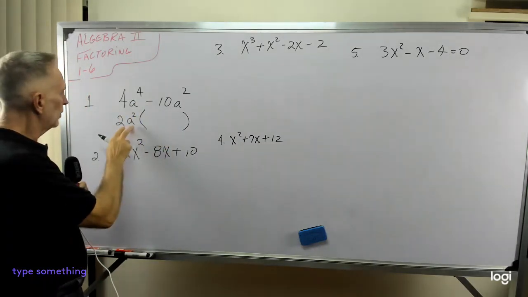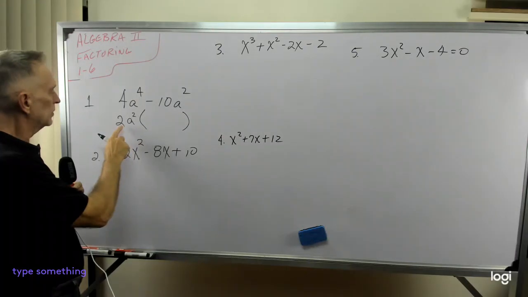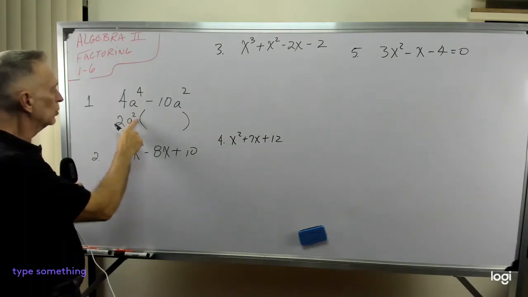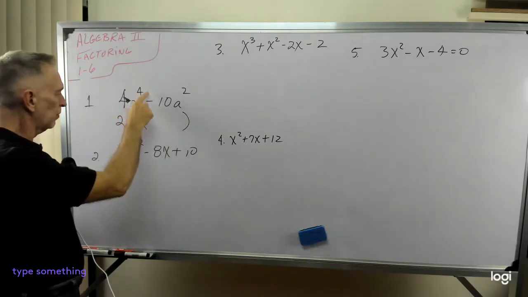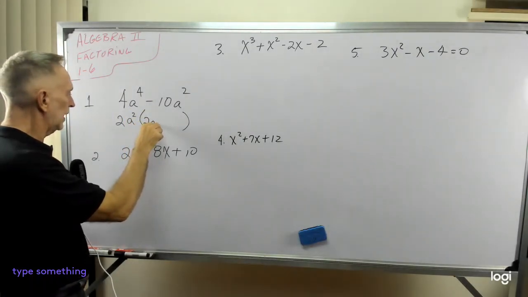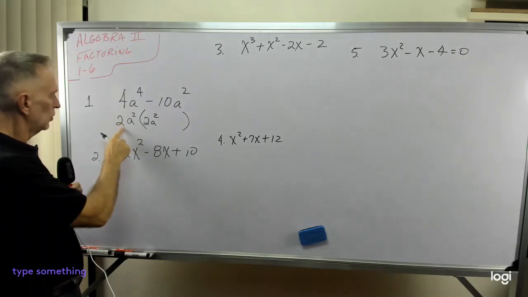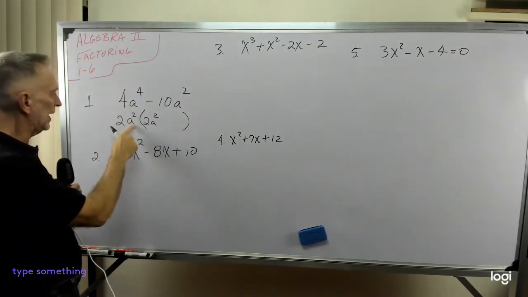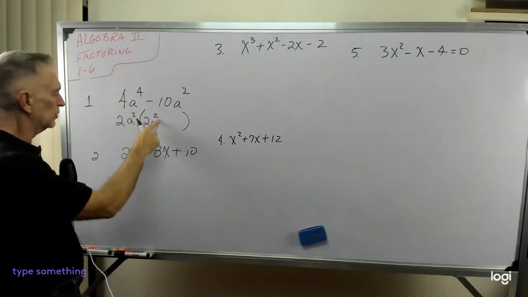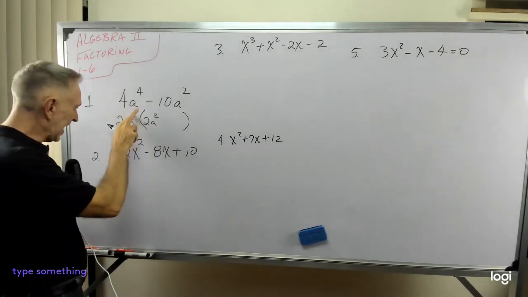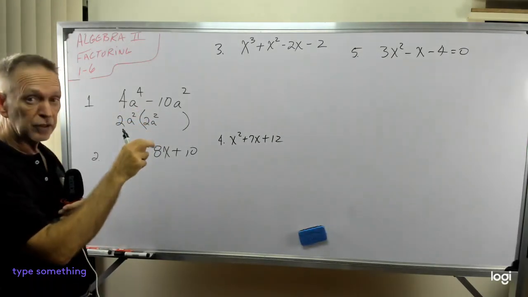For example, what do I multiply times 2a to the 2nd power to get 4a to the 4th power? Well, 2a to the 2nd power times 2a to the 2nd power. 2 times 2 is 4. A to the 2nd power times a to the 2nd power is a to the m times a to the n.